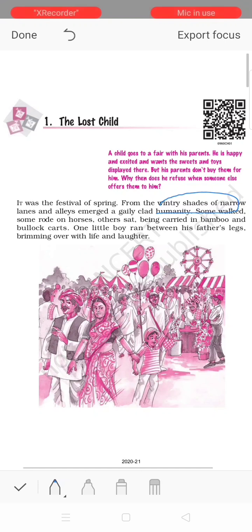People were going in a number of convoys to the fair. Some were on foot, some on horses, bamboo carts, bullock carts. As you can see in the picture, a small child, a little child, and his parents, father and mother.